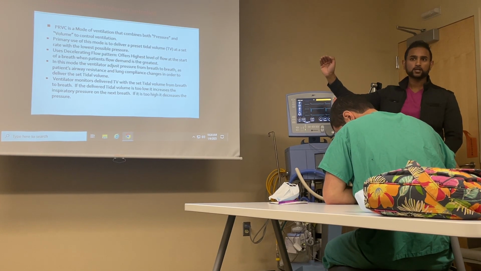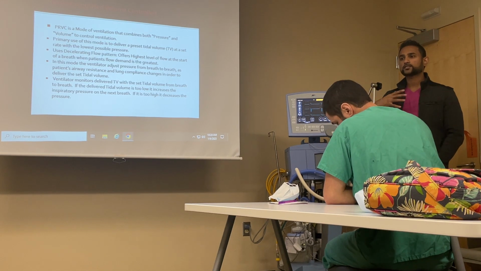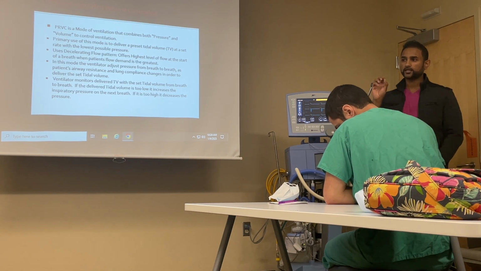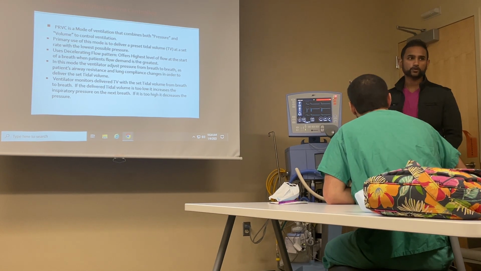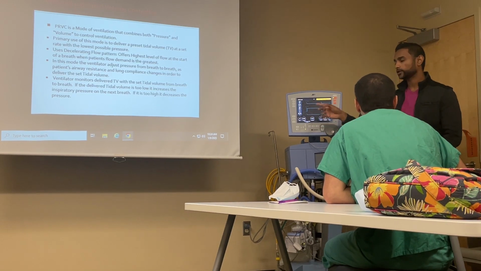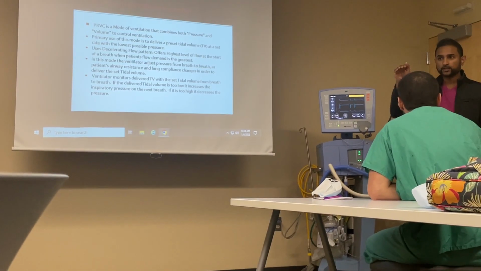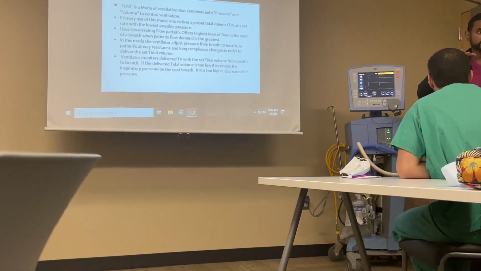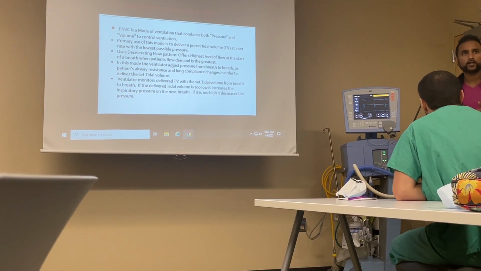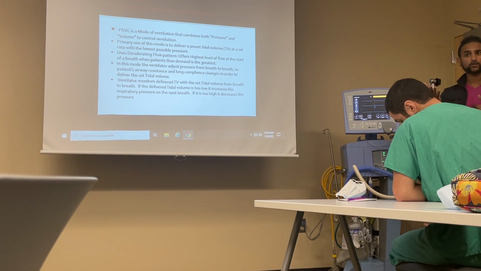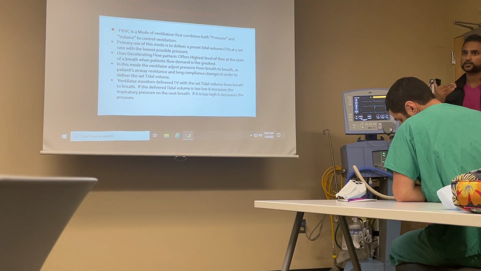Does that make sense? So what it ends up doing is it gives a smaller amount of tidal volume. Instead of the 500, it's going to start with 300, and at the end of inhalation, it's going to measure the pressure inside the lungs and say, oh, okay, the pressure inside the lung is not bad. Remember the plateau pressure we talked about? Oh, it's not that bad, it's less than 30.